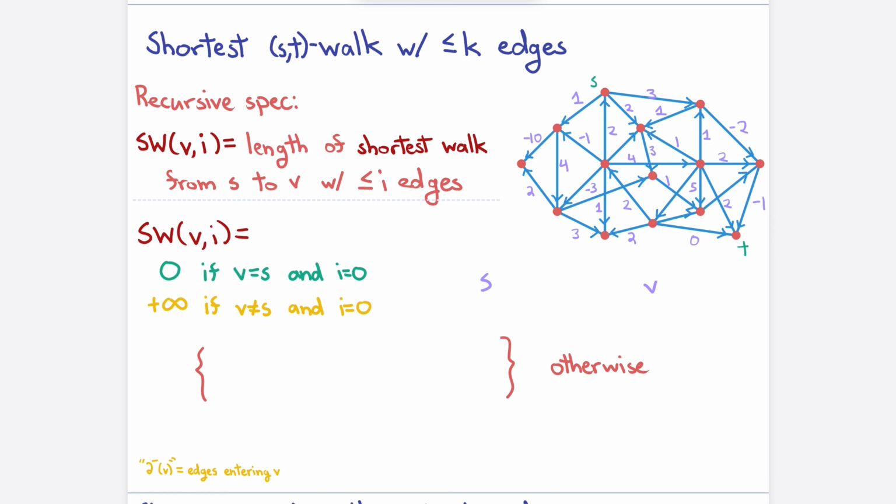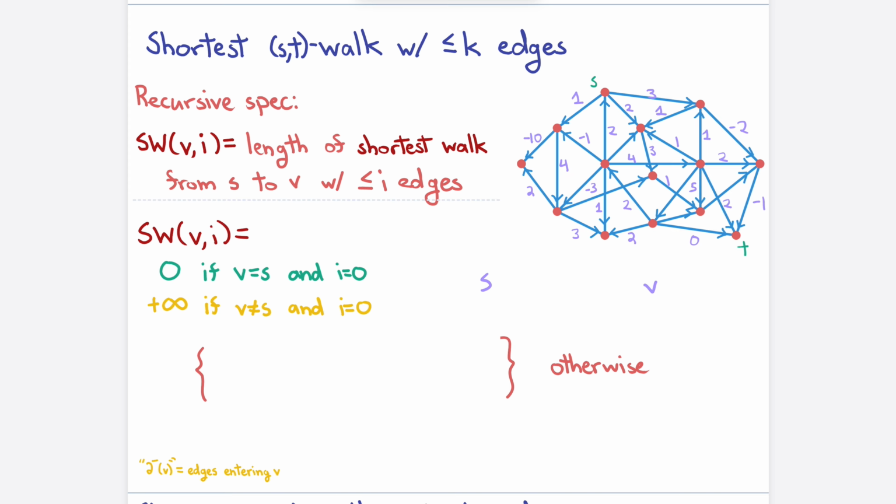Start at v, but you can reverse by doing the recursive step on each of the vertices pointing to v. Good. Then you would reduce i by 1.